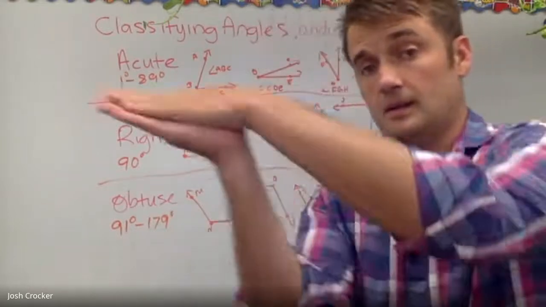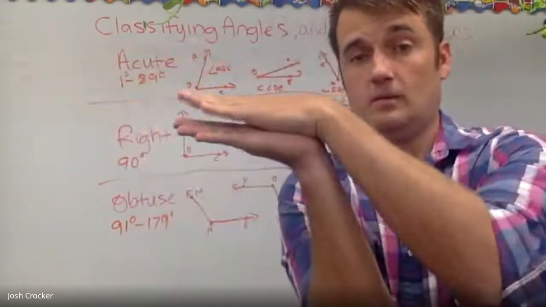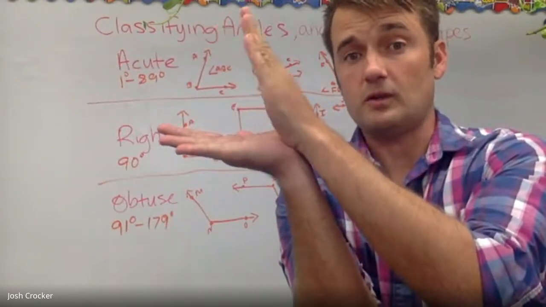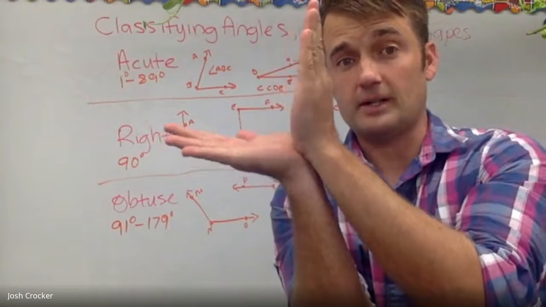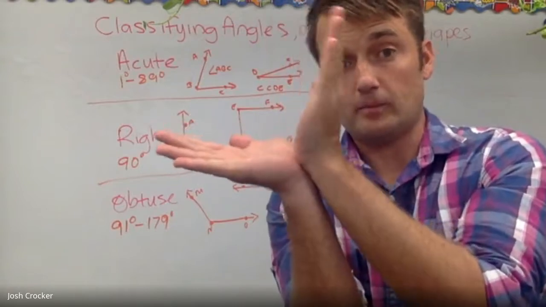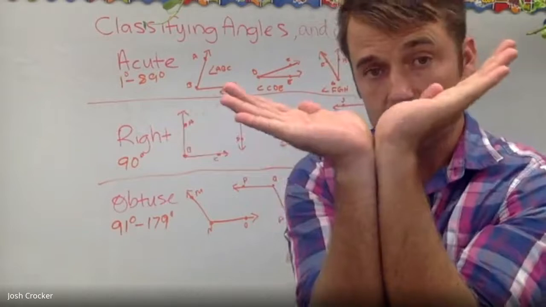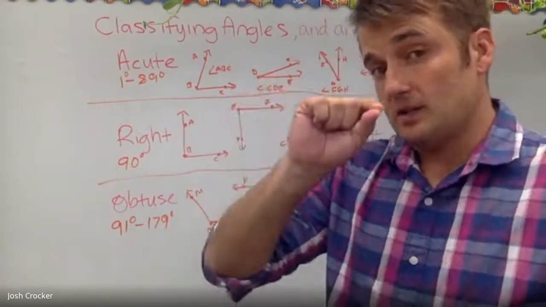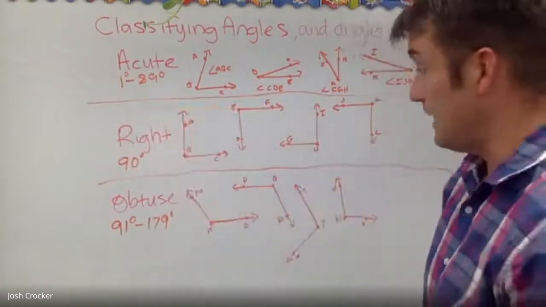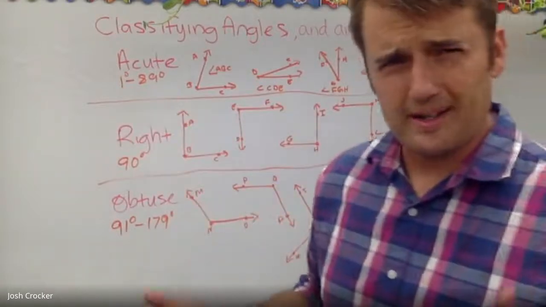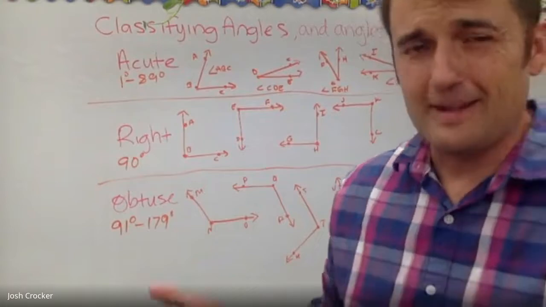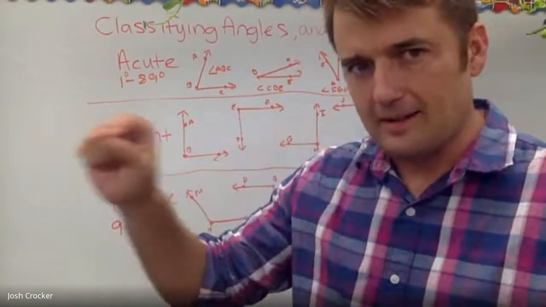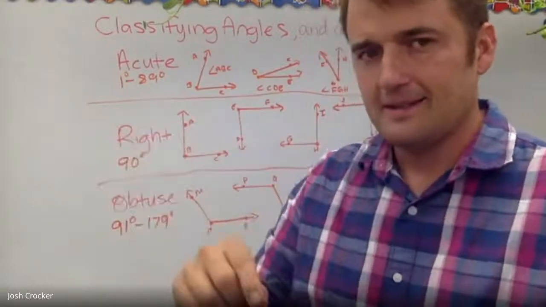So acute, right angle, 90 degrees, right? And then obtuse, all the way until you get to that flat line, which we actually call a straight angle. It's not an angle. It's a straight angle, but it's just a flat line, right? 180 degrees.